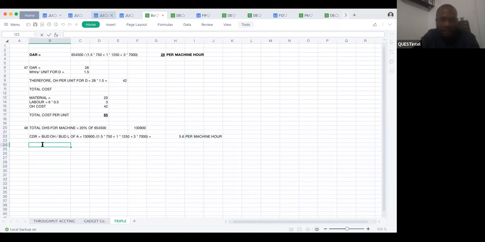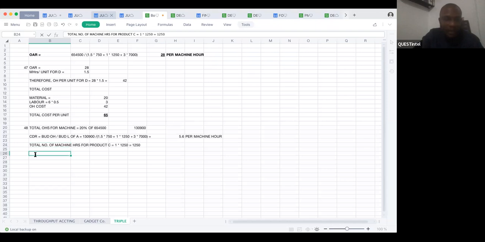So the next thing now is the total number of machine hours for product C, which is 1 multiplied by 1,250, which is essentially 1,250.